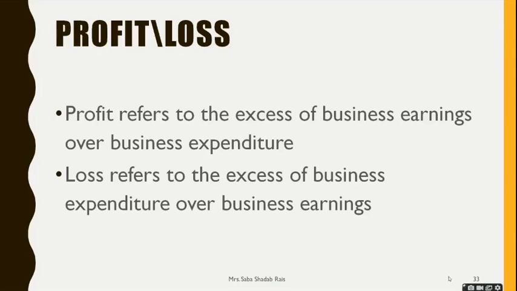So this 20,000 is my profit. Loss is exactly the opposite of it. Loss refers to the excess of business expenditure over business earning. I have invested 1 lakh rupees, but after doing the business I am just getting 80,000. So the gap, this 20,000, is nothing but my loss.